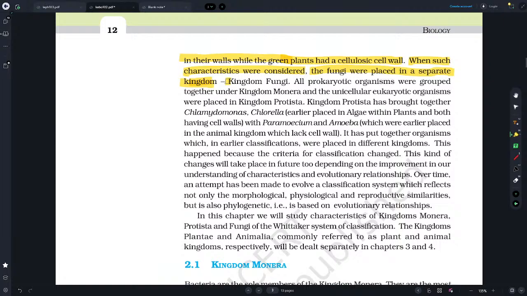The sexual cycle involves the following three steps. The first step is fusion of protoplasms between two motile or non-motile gametes.